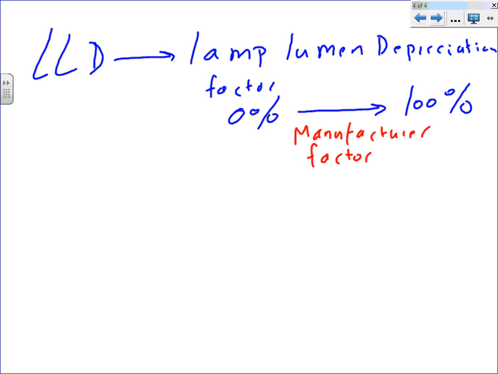Really, every lamp comes based on the design, based on the physics involved in it, based on the gases treated in this lamp. They assign a lamp depreciation factor for it. Okay? It's a manufacturer factor assigned to every lamp. So you get it for every type of lamp: fluorescent, incandescent, discharge, and so forth.